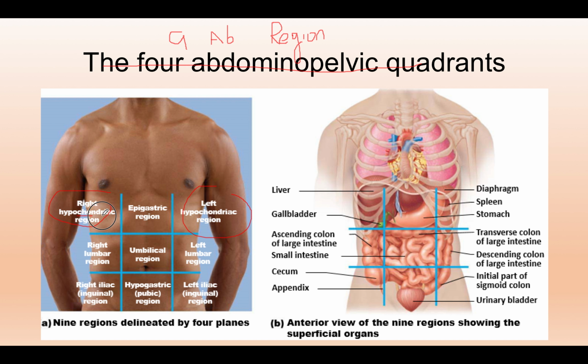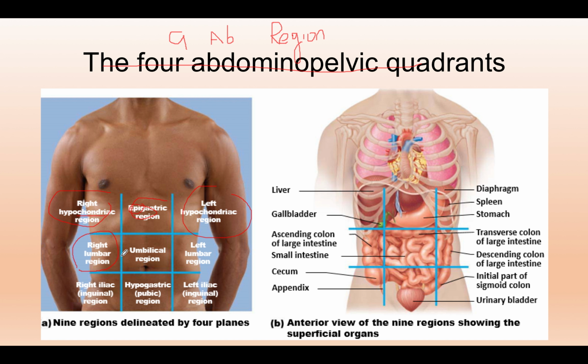Chondriac implies cartilage, so hypochondriac means below cartilage, which are basically parts of your rib cage. Epi means surrounding, so epigastric means surrounding your stomach. We have the lumbar region. Lumbar means back, so we have right and left lumbar regions.